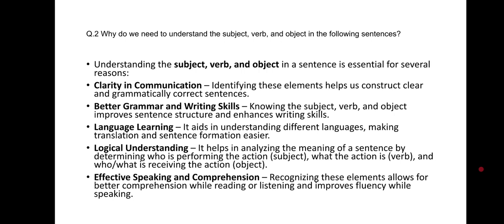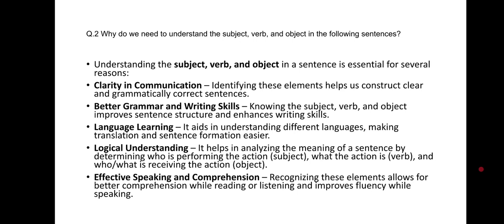Basically, understanding the subject, verb, and object in a sentence is essential for several reasons. First reason, we have clarity in communication. Second reason, better grammar and writing skills. Third reason, language learning.